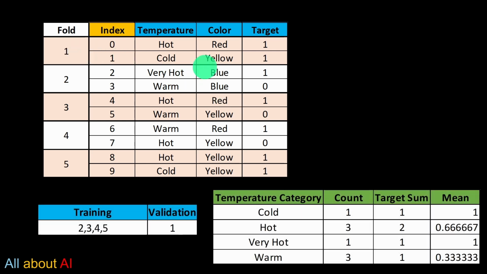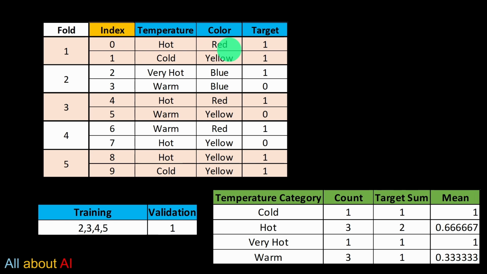Now, in this first case, we use folds 2, 3, 4, 5 for training, and validation will be fold 1, which means all this training data will be used to calculate the mean of the target, and then whatever values we get, we'll apply them to these variables.